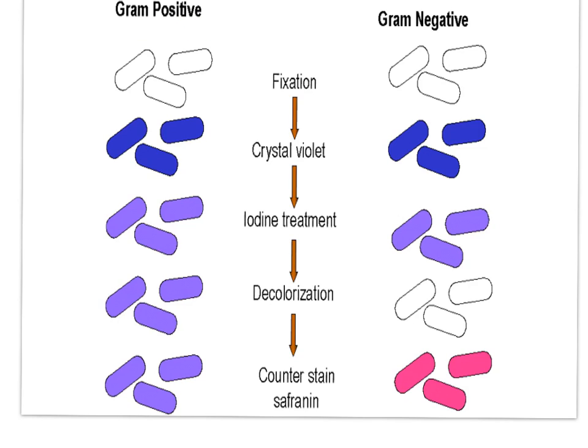The cells are exposed to crystal violet stain, then washed with an iodine solution, then washed with safranin. Gram-positive cells stain dark with the crystal violet, while gram-negative cells stain light pink due to the safranin.